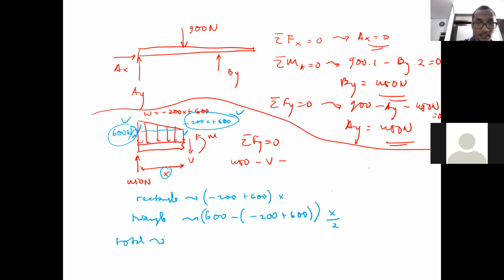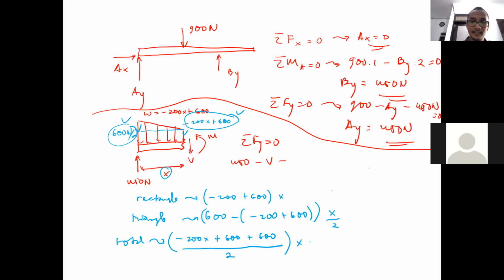Okay, total it can be like 600 plus minus 200x plus 600 plus 600. This one you divide by 2 and then multiply by x.